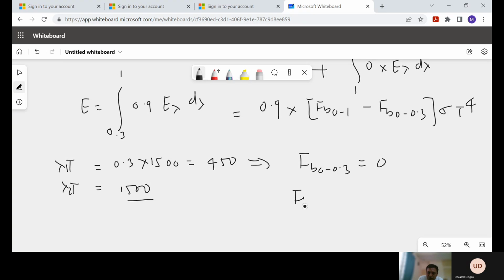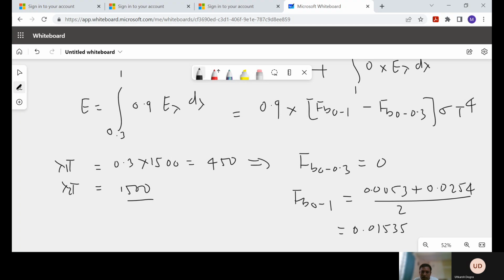So that F factor FB 0 to 1 comes around 0.0053 plus 0.0254 divided by 2. So we are just taking the average of the values. This comes around 0.01535. So this is just from the table.